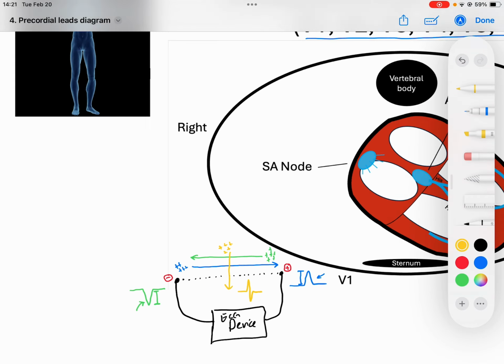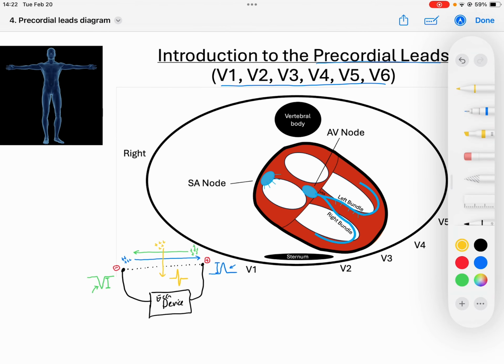And so we know that the 12 lead ECG has 12 of these leads that are created, and a lead is created between a positive and negative electrode. The precordial leads are a unique set of 6 leads. So let's talk a little bit about those. First, we're going to talk about where the electrodes are placed on the chest wall for the precordial leads.